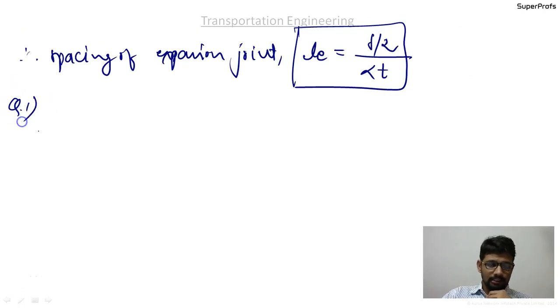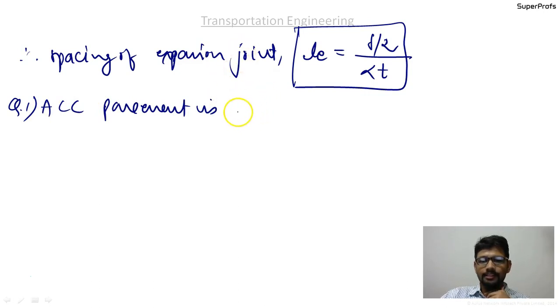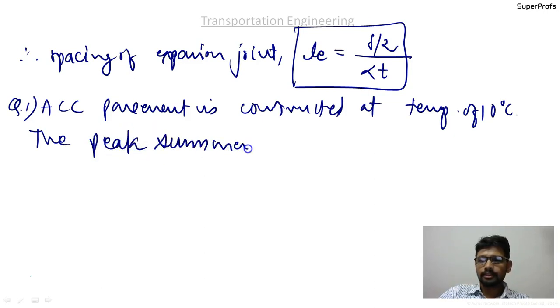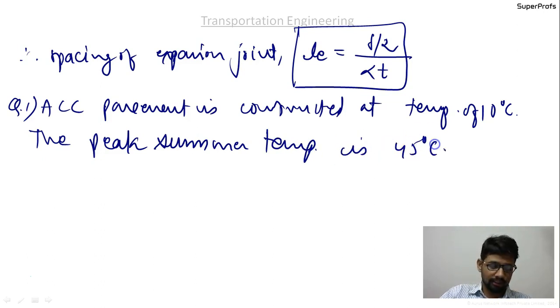A CC pavement is constructed at a temperature of 10 degrees Celsius. The peak summer temperature is 45 degrees Celsius.